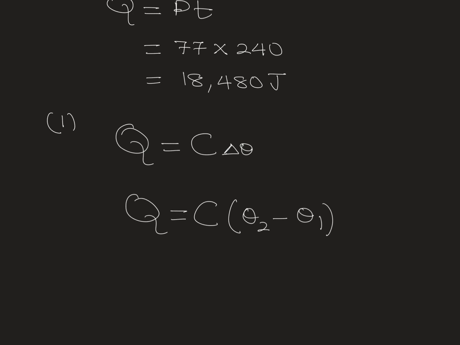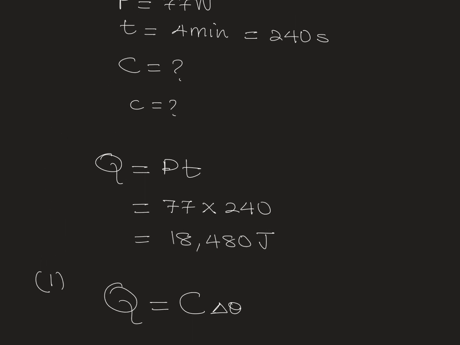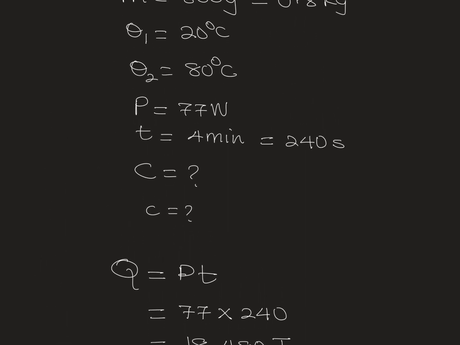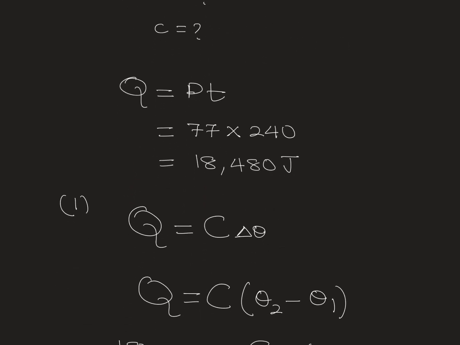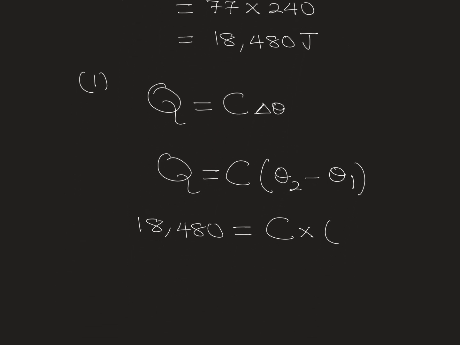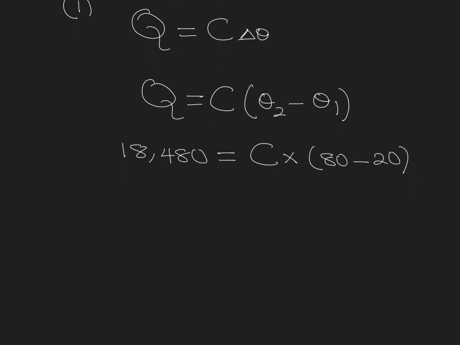We have calculated the quantity of heat as 18,480 joules. So this is equal to the heat capacity multiplied by the final temperature, which is 80 degrees Celsius, and the initial temperature is 20 degrees Celsius. So that will be theta 2 is 80 minus theta 1 is 20.